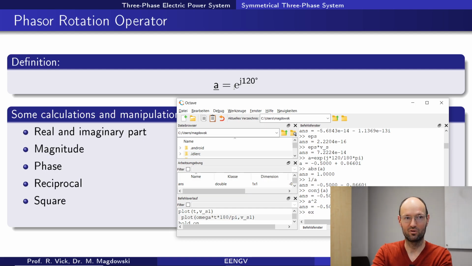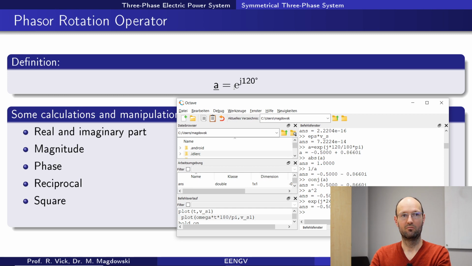We can check, it's really the same as e to the 240 divided by 180 and pi. And it's the same as we had before, right? It's the same as 1 over a, the same as the complex conjugate of a. So a squared is the same as a to the power of minus 1.